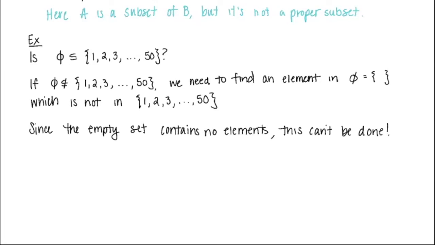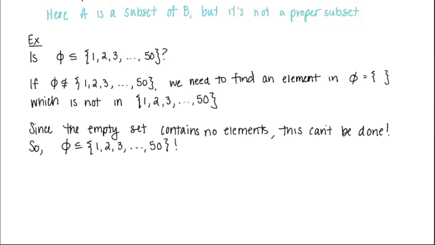So I can't contradict my subset definition. I cannot find an element in the empty set which is not in the set 1 through 50. So ultimately, it is a subset. So the empty set is indeed a subset of 1 through 50.